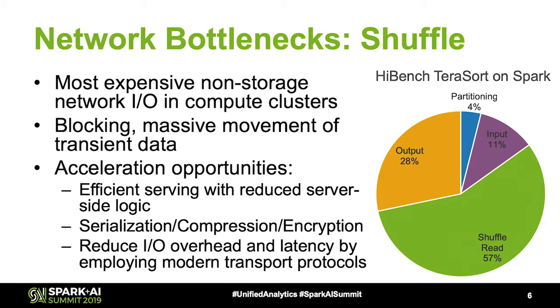We can see that the shuffle read phase, where most of the data is being transferred over the network, takes more than 50% of the actual job runtime. So it makes a lot of sense that reducing this runtime, or maybe eliminating most of it, can reduce the total job runtime significantly. This is a blocking massive movement of transient data that is a very significant portion of a job.